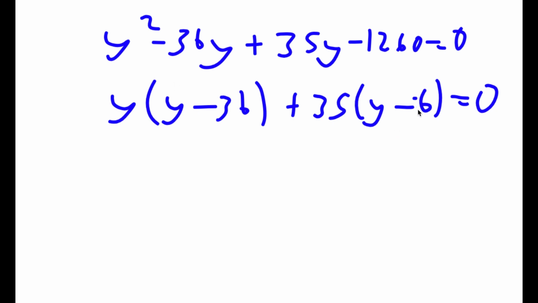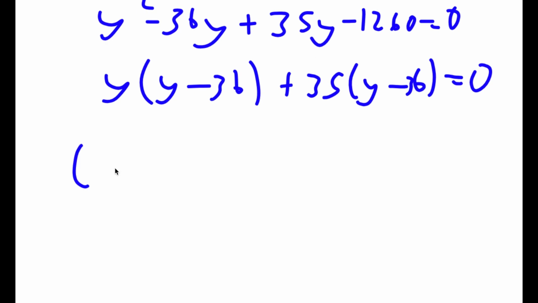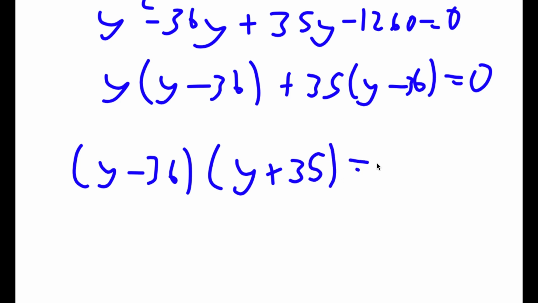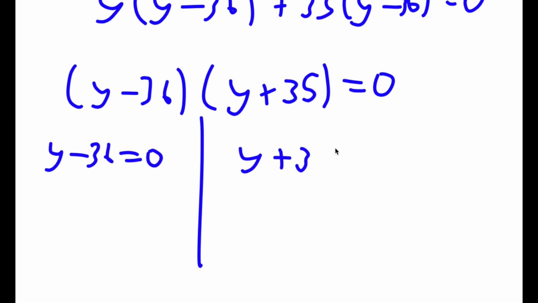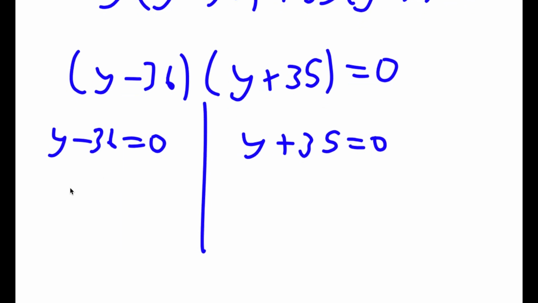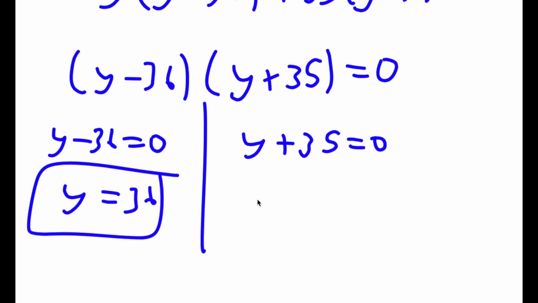Sorry, 35 times (y minus 36). And now if I factor out y minus 36, I get (y minus 36) times (y plus 35) is equal to 0. So this means that y minus 36 is equal to 0, and y plus 35 is equal to 0, meaning y equals 36, and y is also equal to negative 35.